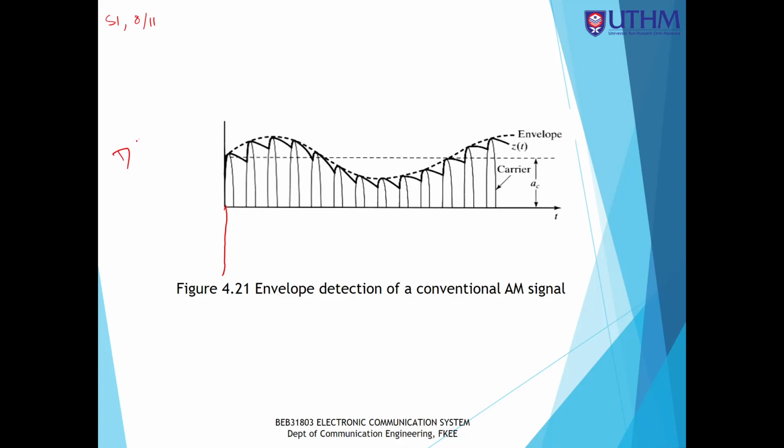Remember double sideband full carrier, how does the waveform look? Maybe I can draw it like this. There's a negative side over here at the input. So this is what happened initially in the input.